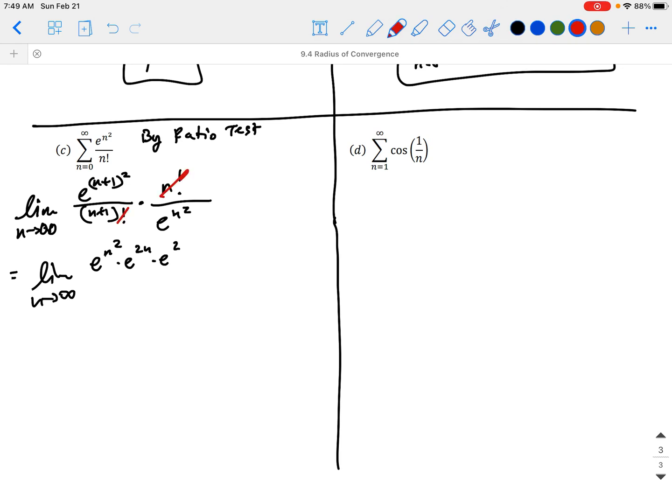Our n factorial is going to cancel with the n plus 1 factorial, leaving us with an n plus 1. So we'll have n plus 1 e to the n squared, and then our e to the n squared will cancel. So we've got e to the 2n times e squared.